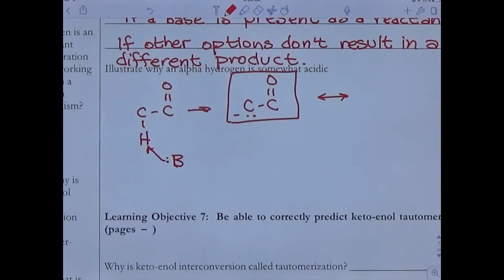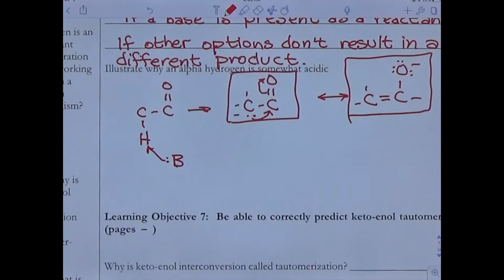Within that group of three, you're going to move the non-bonded electron pair away from the carbanion. The single becomes a double, the double becomes a single. So the actual molecule is going to be a blend of those two.